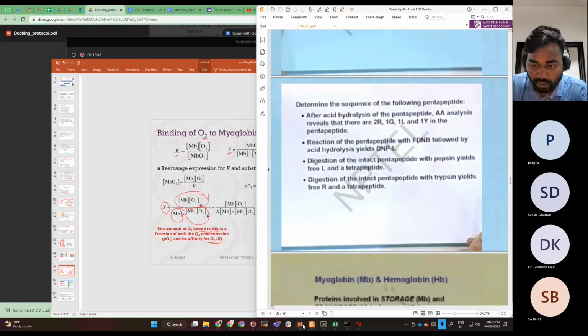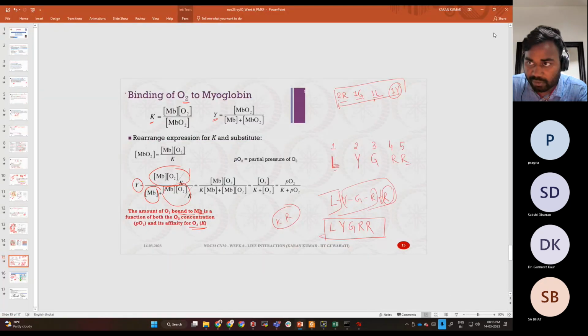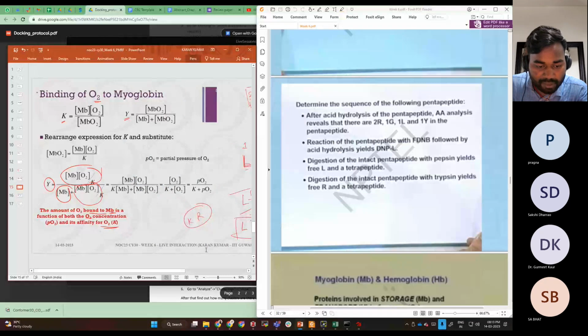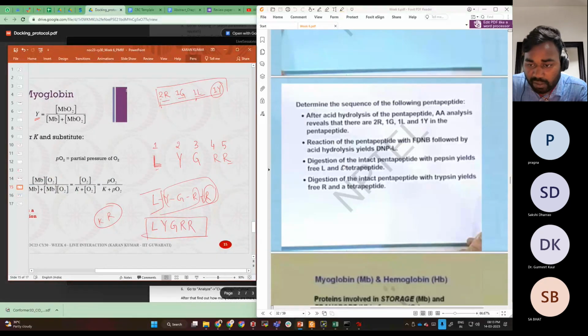You already know by your second statement that L will be on your left hand side. Now, if pepsin is digesting a pentapeptide and releasing one L and another tetrapeptide, that means after L you will have an aromatic amino acid.